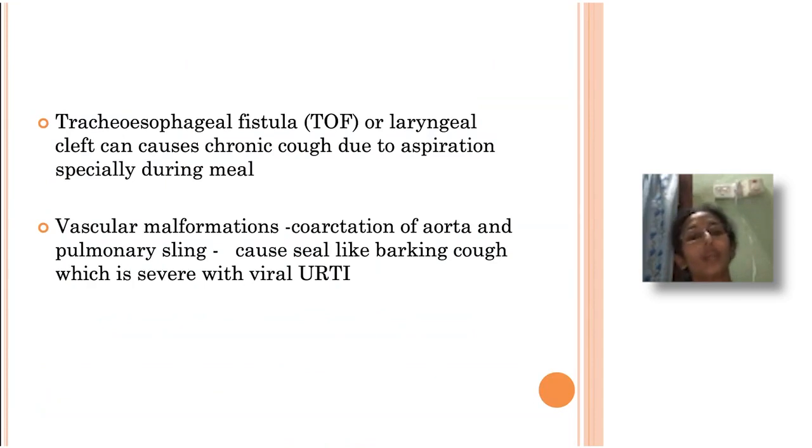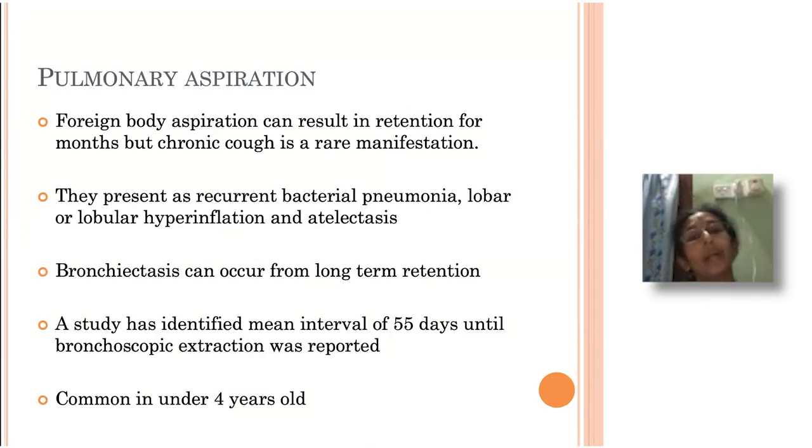Tracheoesophageal fistula or laryngeal cleft can cause chronic cough due to aspiration, especially during meals. Vascular malformations like coarctation of aorta and pulmonary sling cause a seal-like barking cough, which is severe with viral upper respiratory tract infection. Pulmonary aspirations. Foreign body aspiration can result in retention for months, but presenting as chronic cough is rare.